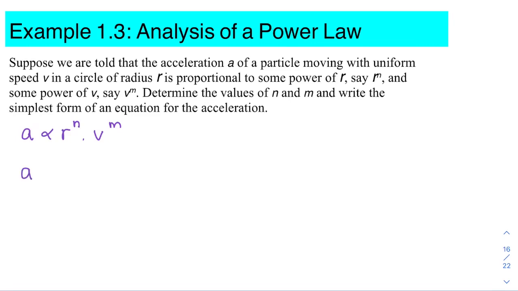Next step, we are going to convert it into a mathematical expression. So we are going to have a constant, then r to the power of n, v to the power of m. Right now, we are going to do the dimensional analysis technique. You are going to put every single thing in brackets. Okay, replace the symbol with the SI unit.